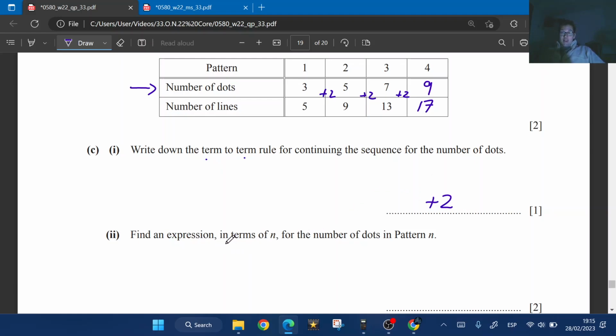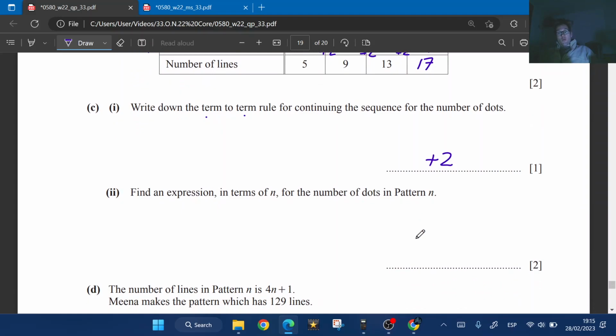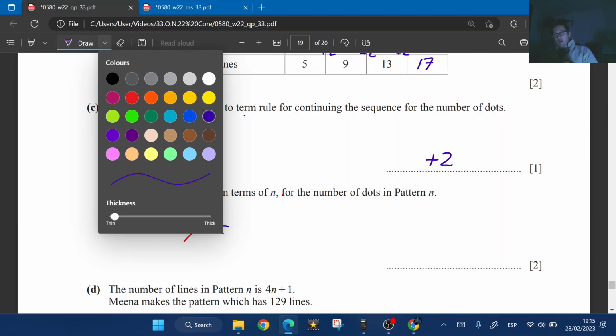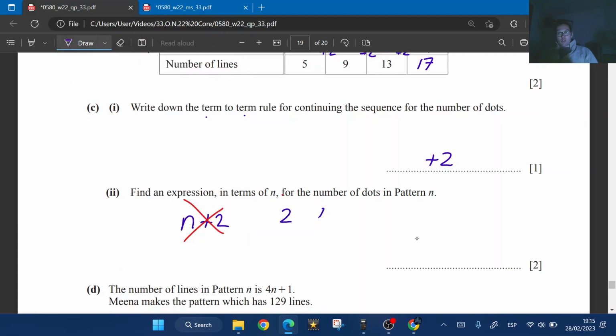That's the next one. In terms of n, find the number of dots in pattern P. So if we're adding 2 each time, it is not n plus 2. That is wrong. When you're adding 2 each time, it's just like the 2 times table, so that will be 2n.